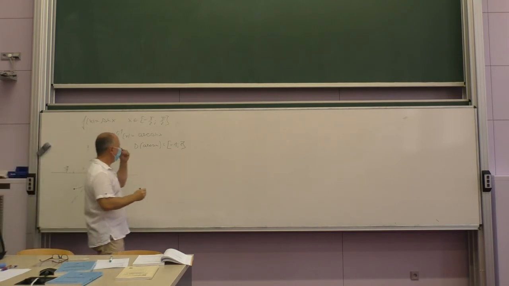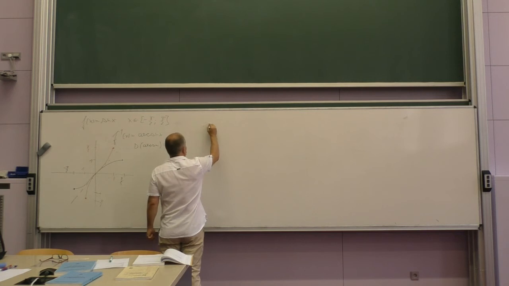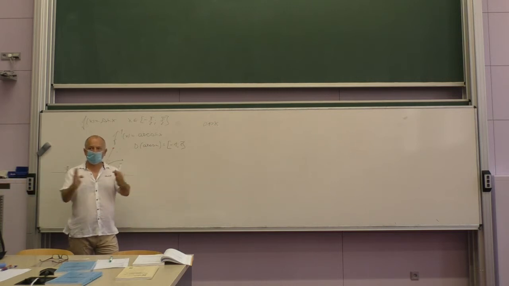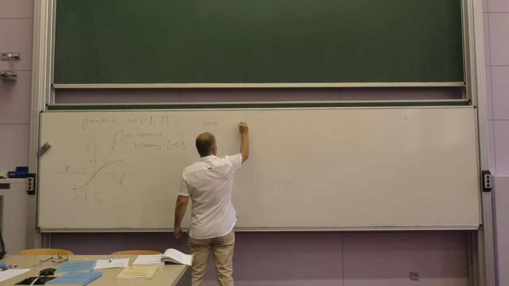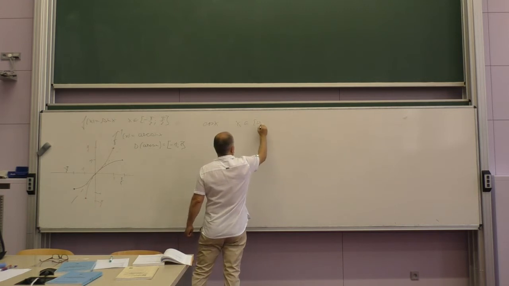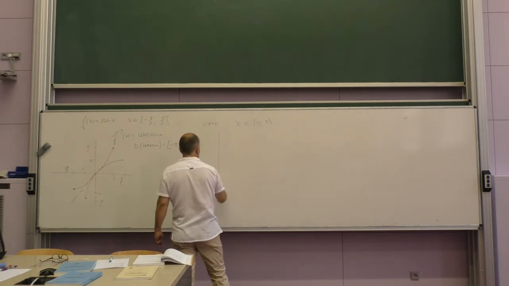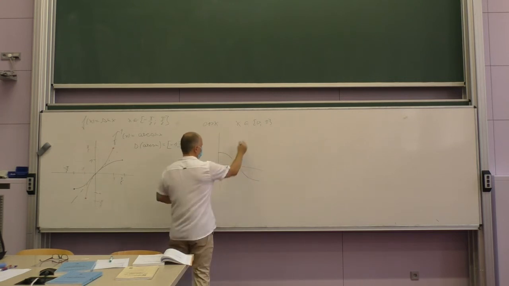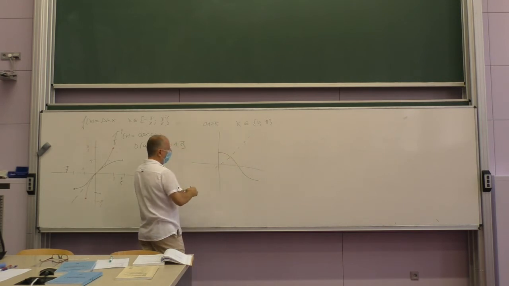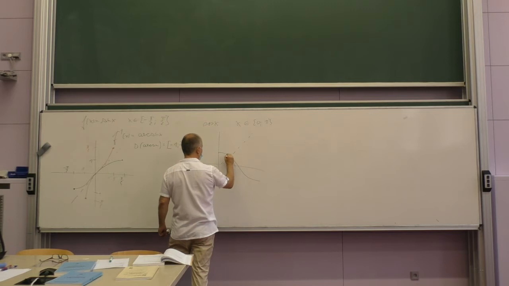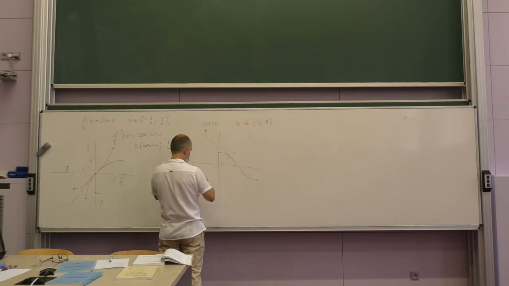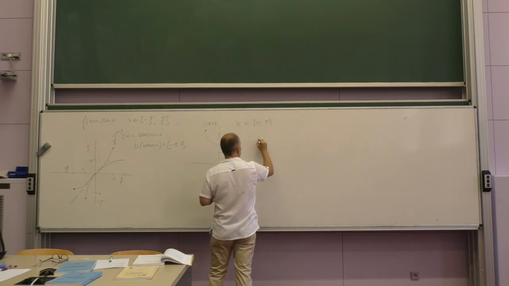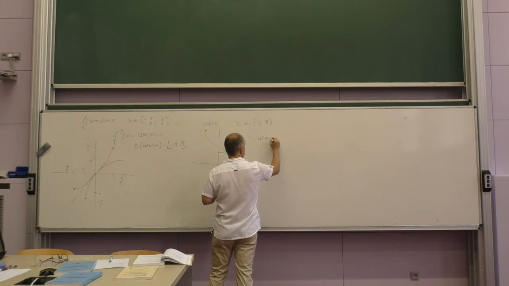And we can proceed in the similar way for the function cosine. It is not injective, it has no inverse. So we restrict the domain of definition to x from 0 to pi, and we get a function that has this graph and the inverse is called arc cosine.